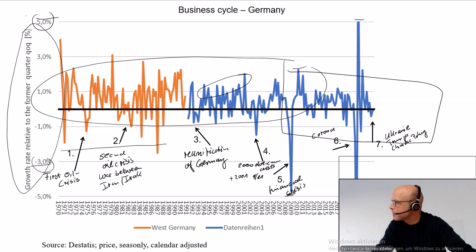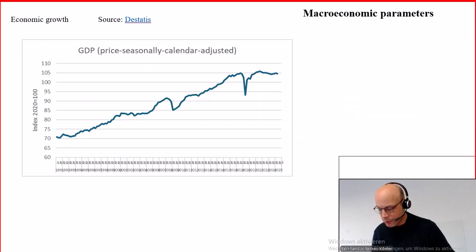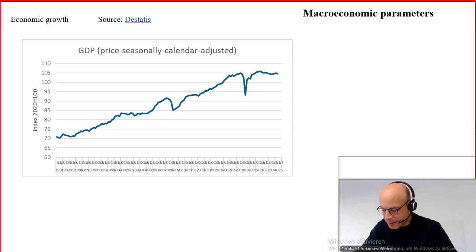We have talked about the business cycle in general, and that within the economic data we can also see historical events. Then we started to go through Germany with a specific example, looking at the main indicators.